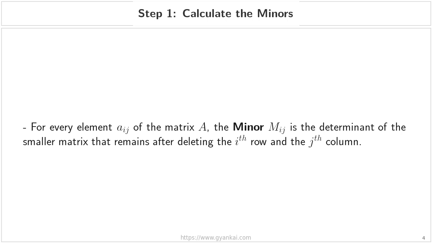You temporarily cross out, or delete, the entire ith row and the jth column that the element belongs to. Once those are gone, you'll be left with a smaller matrix. The determinant of this remaining smaller matrix is what we call the minor, represented by m sub i, j. It might seem like a lot of work initially, but mastering this step is crucial before we move on to applying signs to create cofactors in the next slide.